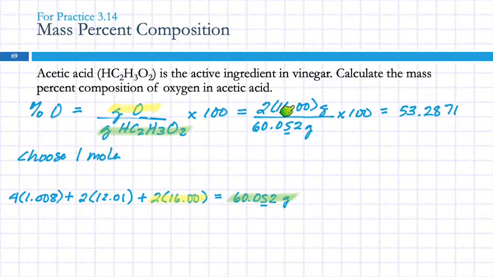So what do we have up here? 4 and 4. And this 2 is exact, just like the number of children. There's 2 or 3. Can't have 2.3 children, right? So that's exact. So this should have 4 sig figs. Stop it right there. 53.29% oxygen. Any questions?